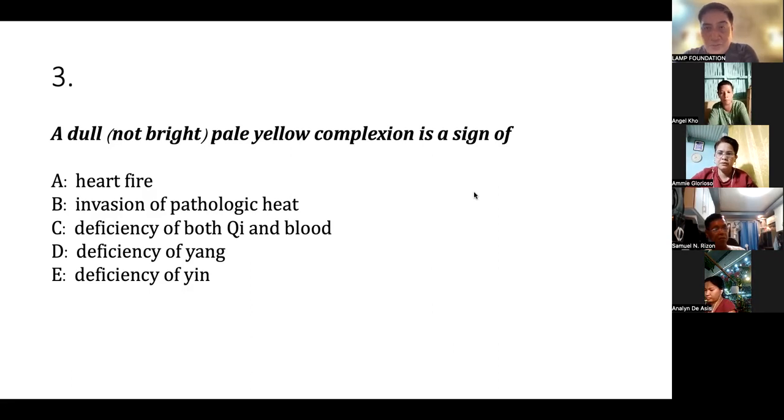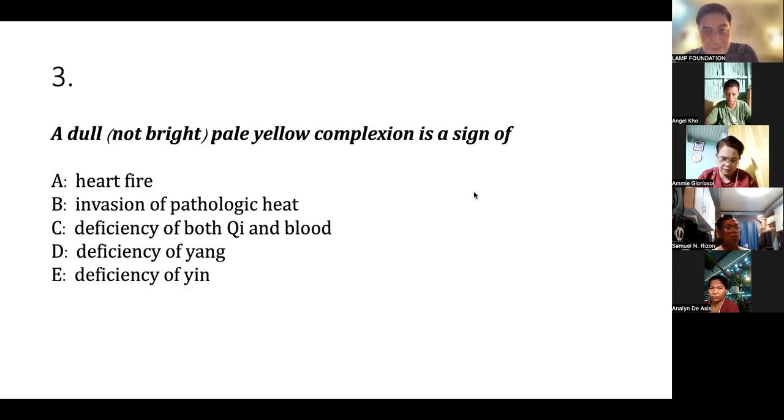Which of these two will still feel cold even if you wrap him up? Naku. It's the exterior wind invasion.